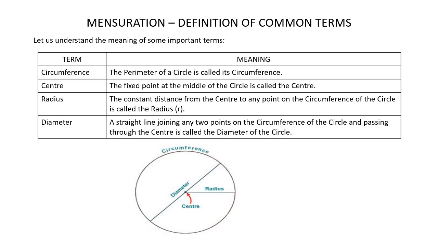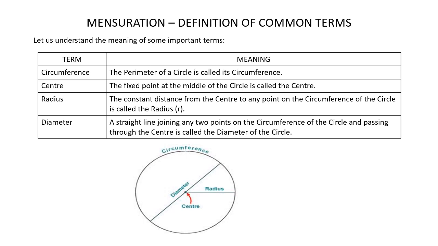Now this point here is the fixed point at the middle of the circle, and this point is known as the center of the circle. Now the distance from the center of the circle to any point on the circumference of the circle is the radius. So this distance from the center to any point on the circumference of the circle is the radius.